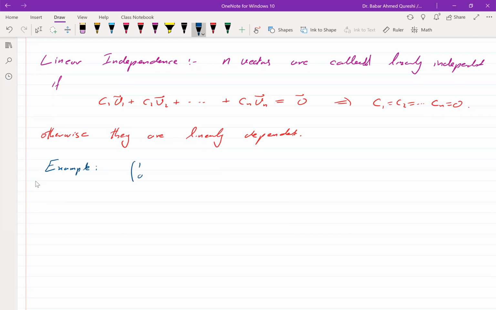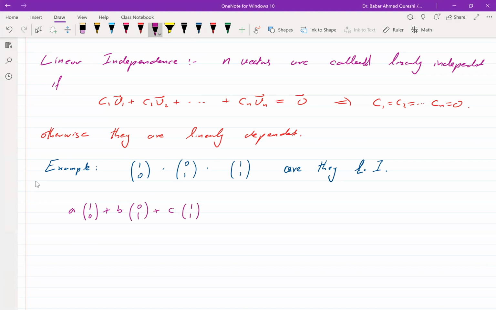So if I consider these vectors, and I have to check, are they linearly independent? So how do you check? You make a linear combination and put it equal to the zero vector, which for this vector space is (0, 0).